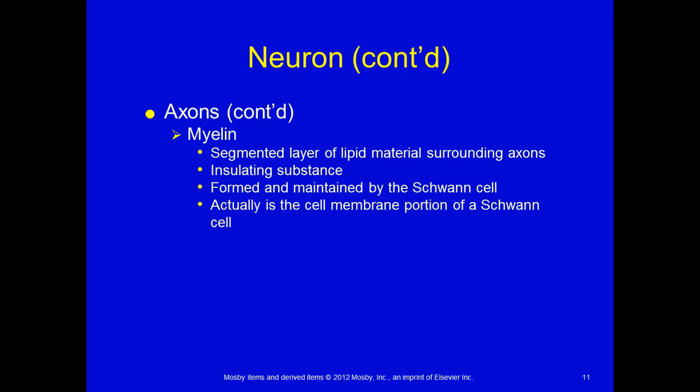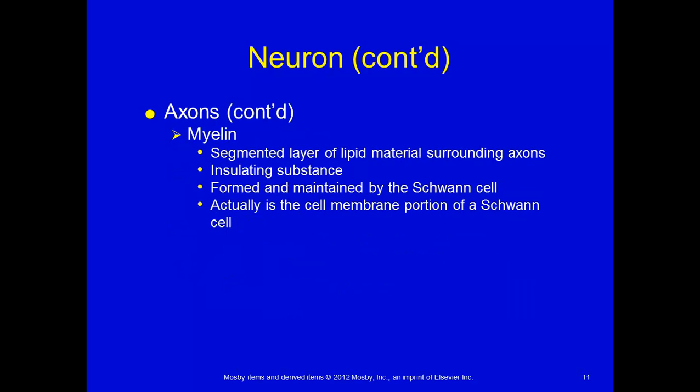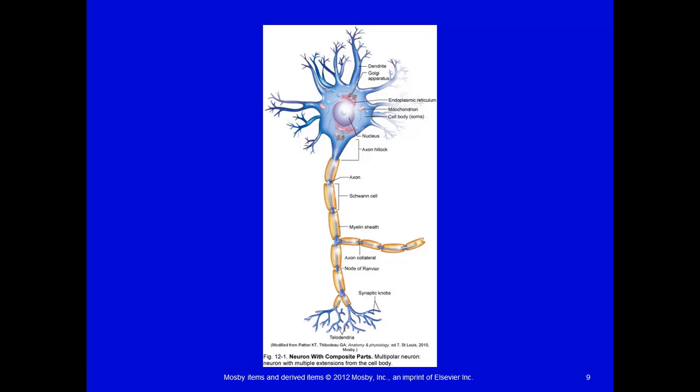Oops, there we go. We're on this slide now. So now, I'm going to go back to the picture just so you know where I am. Now you have something in between. So the myelin sheath, as you can see here from this picture, does not run continuously down the axon. You see how there's different myelin sheath segments, right? Each one of these little areas in between the myelin sheaths are called nodes of Ranvier.